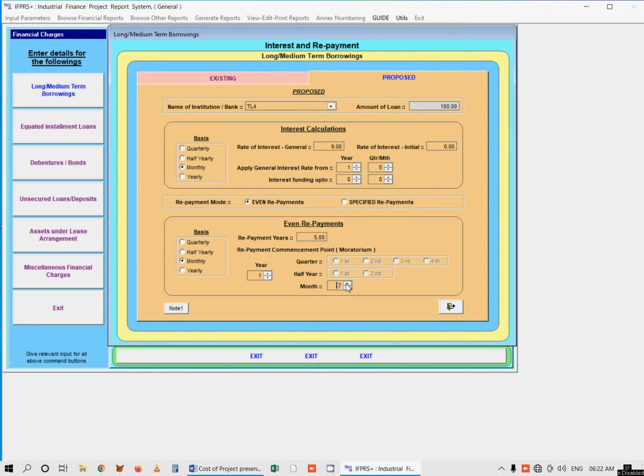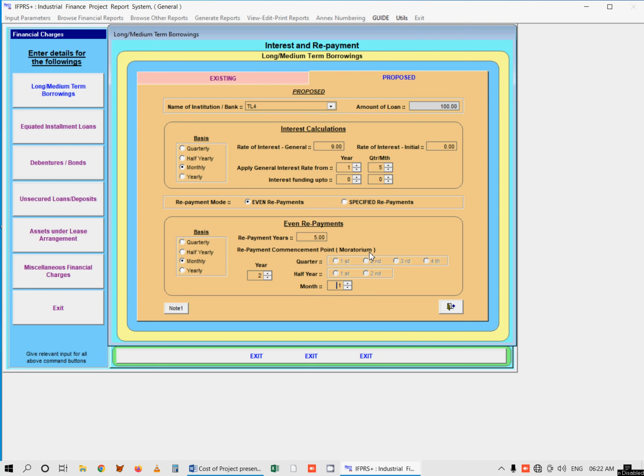Instead, if we need a complete 1 year moratorium, then repayment starts from year 2, month 1. It is very simple, setting the year and month points only.